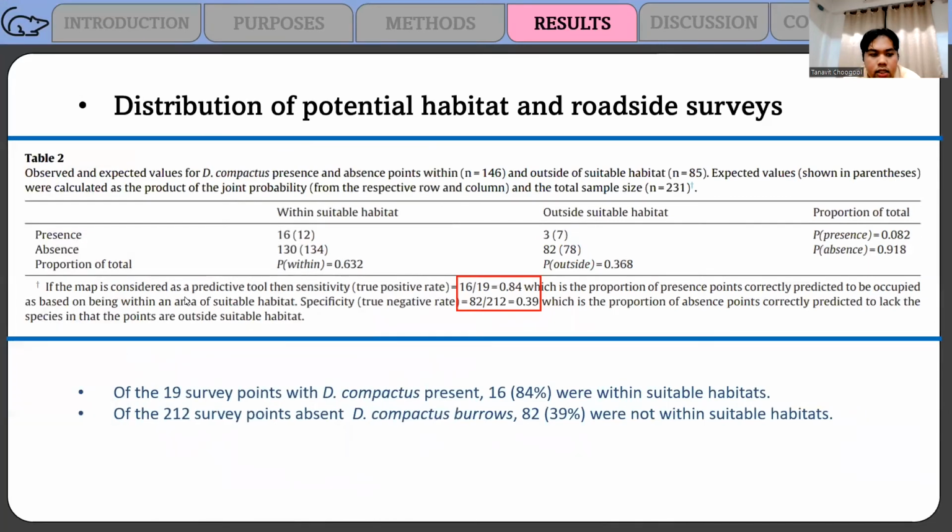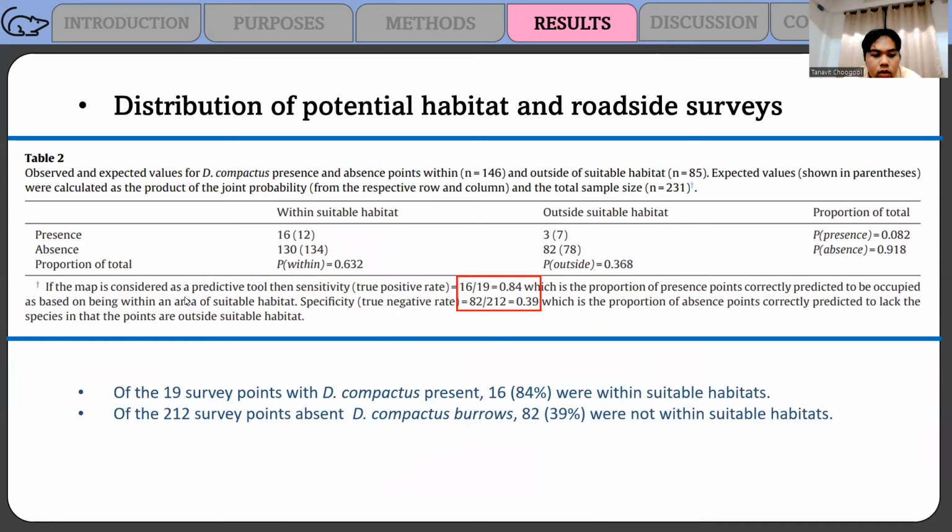And then Table 2 shows the observed and expected values for the Diplodomys compactus present and absent points within and outside of suitable habitats.